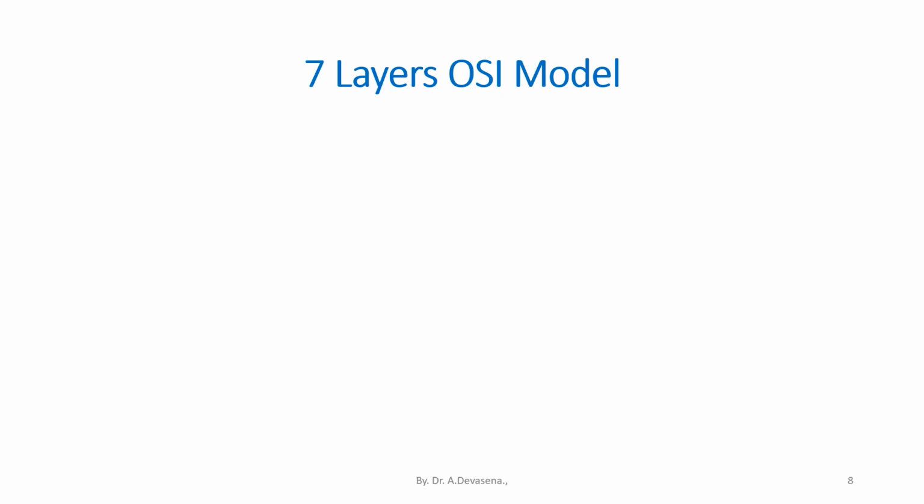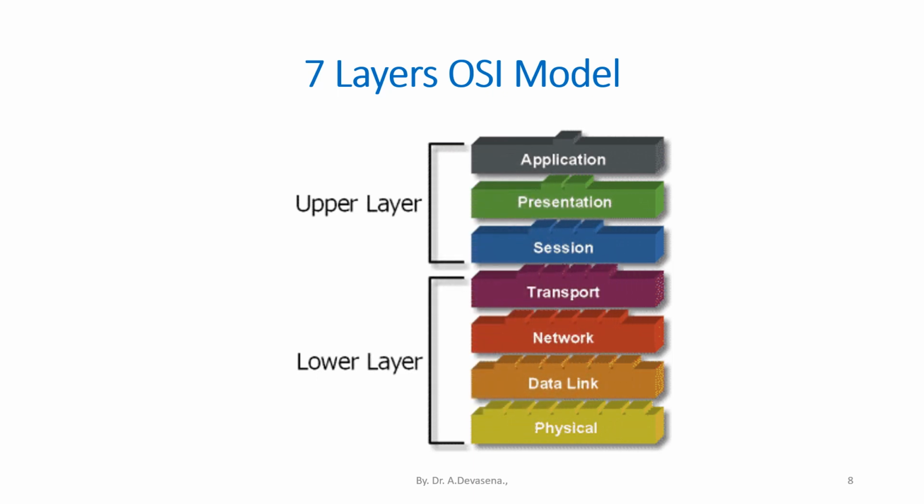The representation of the 7 layer OSI model is shown below. This OSI model comprises the physical layer, data link layer, network layer, transport layer, session layer, presentation layer, and application layer.